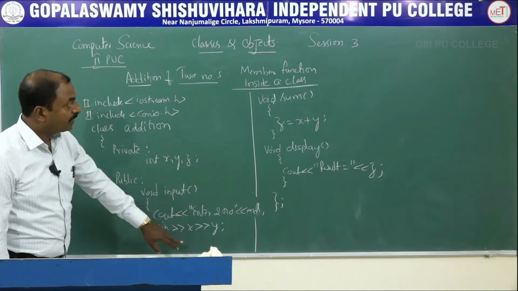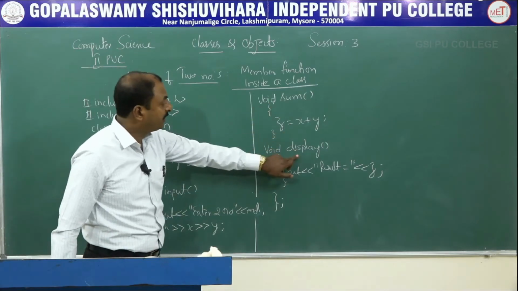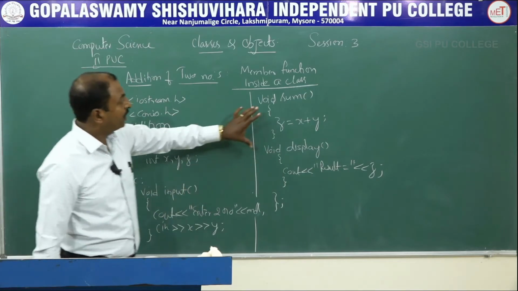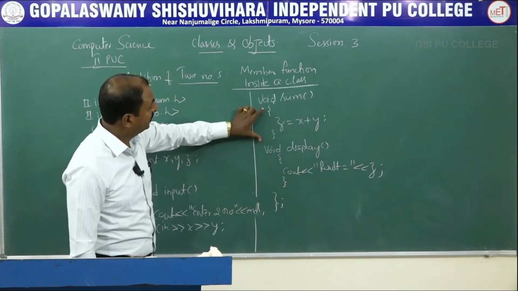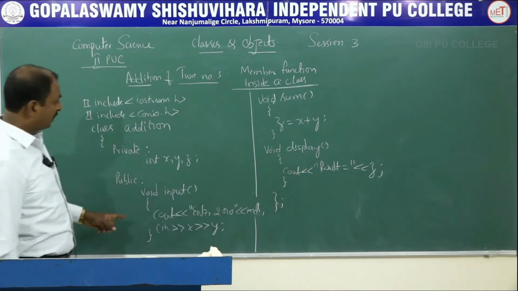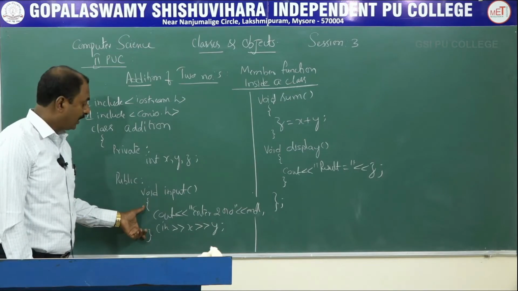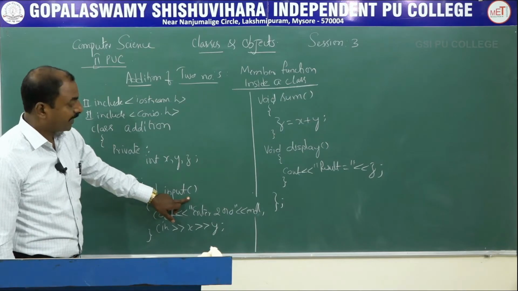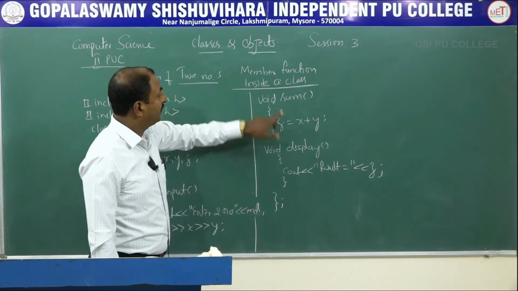Similarly, there are three functions we have defined in this example: the input function, sum function, and display function. For all three functions we have written the function definition immediately after naming the function. So this is the function definition of this function, and this is the function definition of that function, and these statements between a pair of braces are nothing but the function definition of this function. See, that is an example, or the meaning, of function definition, or member function, inside a class.